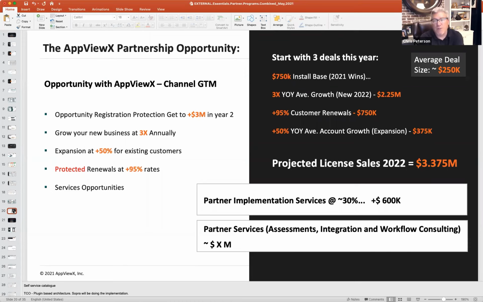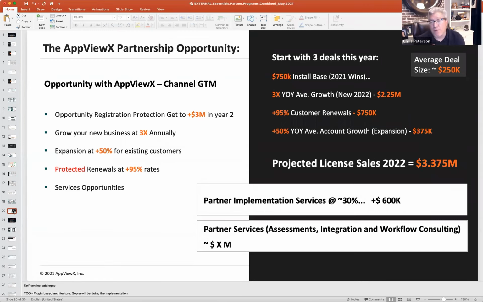We guarantee or protect your renewals. So $750K renewing from the previous year. And then year over year account growth could add another $375K for a total of $3 million in sales for next year, 2022. So the growth targets are amazing, big opportunity for you as a partner.